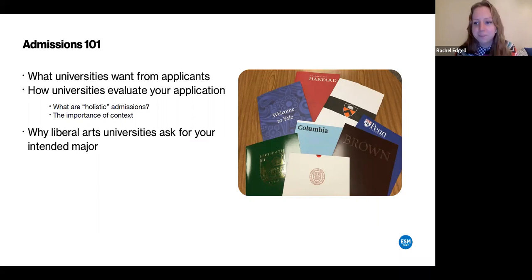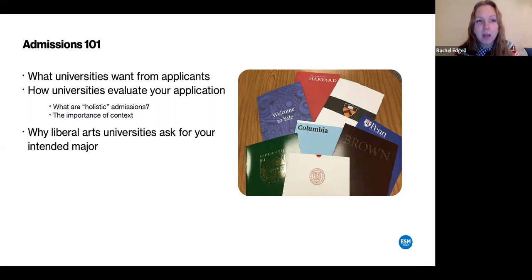So in the UK, because students are applying to a program, the admissions process tends to be a lot more focused on that student's academic qualifications and their sort of suitability for the program that they want to study. Whereas in the US, it is a holistic admissions process, and they really value the context of an application rather than having sort of entry requirements and things like that.